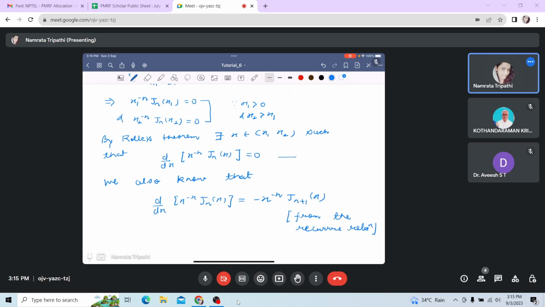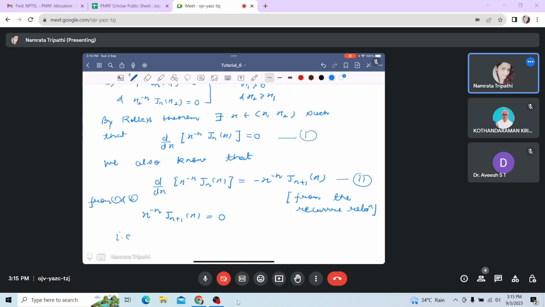So from equation 1 and equation 2, can we write this? Is it clear?